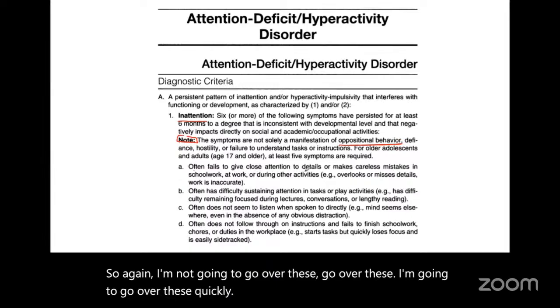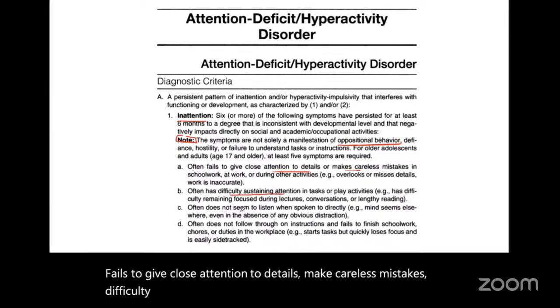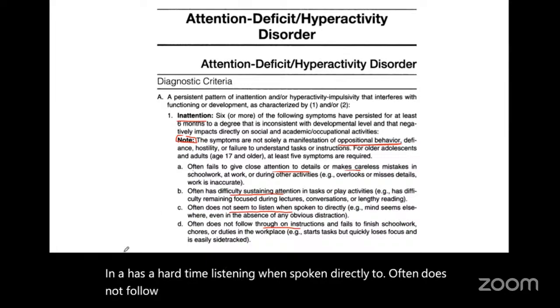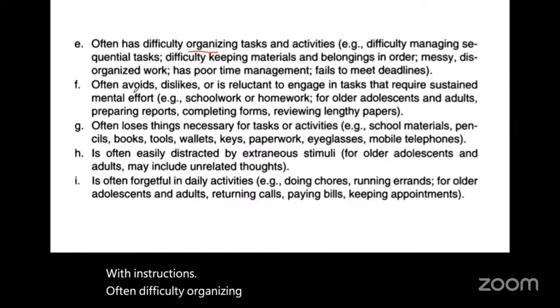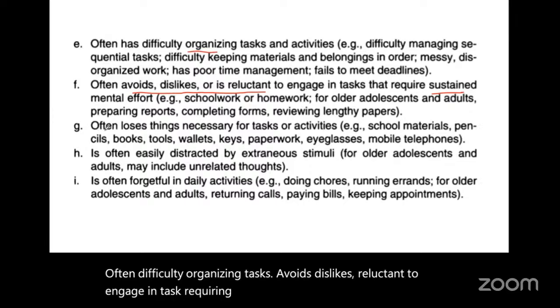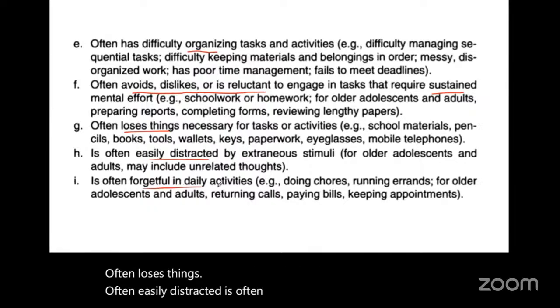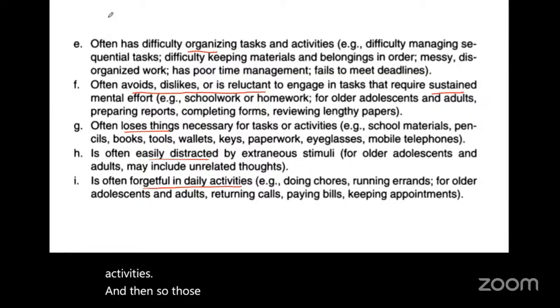Fails to give close attention to details, makes careless mistakes, difficulty sustaining attention, has a hard time listening when spoken to directly, often does not follow through with instructions, often has difficulty organizing tasks, avoids, dislikes, or is reluctant to engage in tasks requiring sustained attention, often loses things, is often easily distracted, and is often forgetful in daily activities. And so you have to have 6 of all of those.